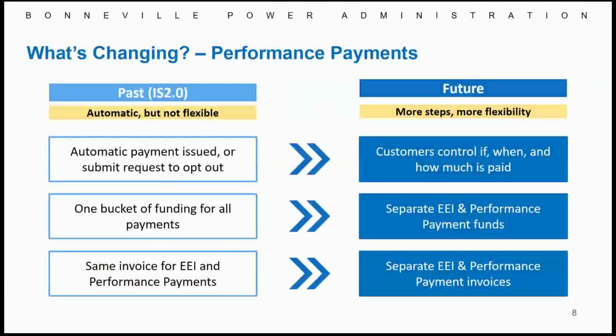So basically, as you submit things in, you're earning performance payment, and then you can decide right after you invoice for your measures that the next day you could come in and do what's called a performance payment invoice, or you could wait and decide you want to kind of build up your performance payment completions, and every quarter you want to ask Bonneville for your performance payment. And you can also decide how much you request at a time.